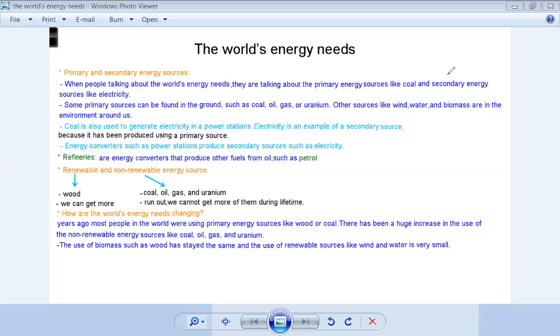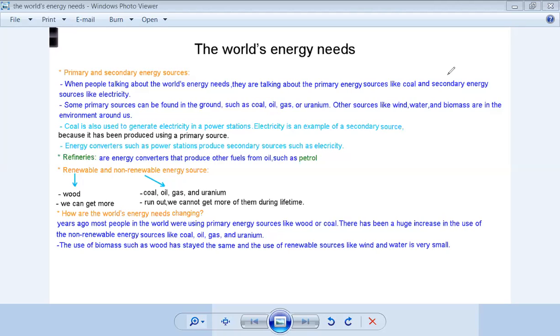Electricity is an example of a secondary source. Why? Because it has been produced using the primary source. As we were saying, coal is the primary one, and we produce electricity using this primary one, so this electricity is a secondary source, okay?